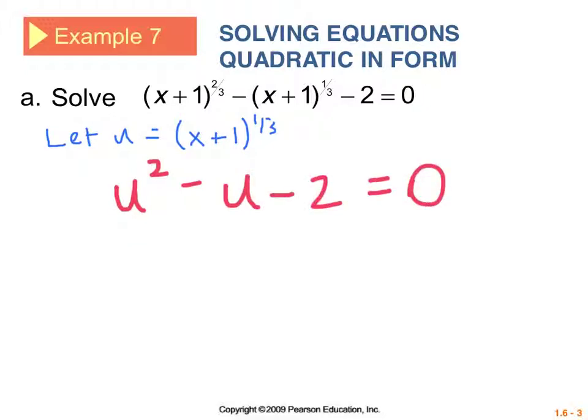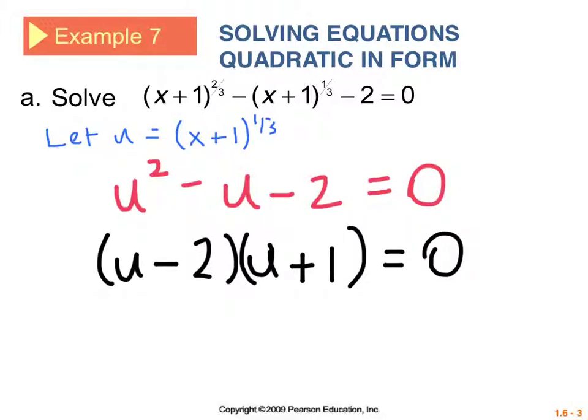And I can do that because if I take x plus 1 to the 1/3 power and square it, then I get this expression. So now I have this, which is a simple quadratic. I can easily factor it into the following two factors. So I have my two factors here, u minus 2 and u plus 1 equals 0.